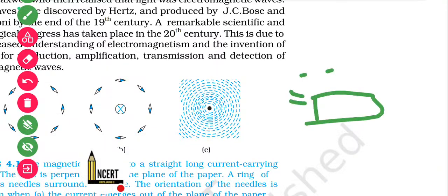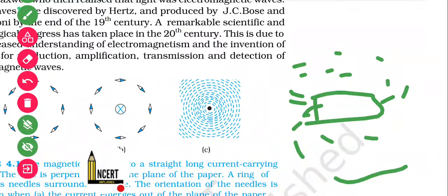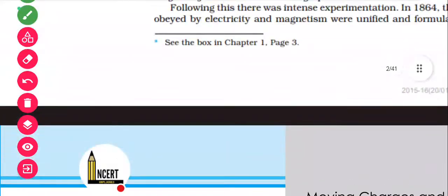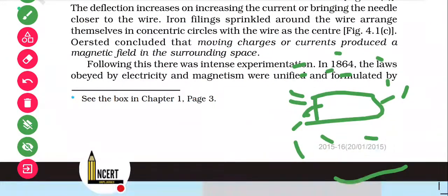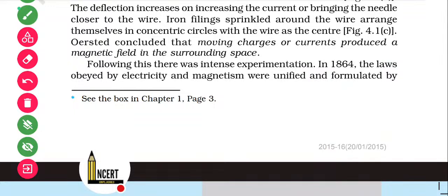This pattern is similar to the pattern in which the magnetic compass arranged itself near the current-carrying wire. So this is the important line we must understand: moving charges or currents produce a magnetic field in the surrounding space. This was the conclusion.